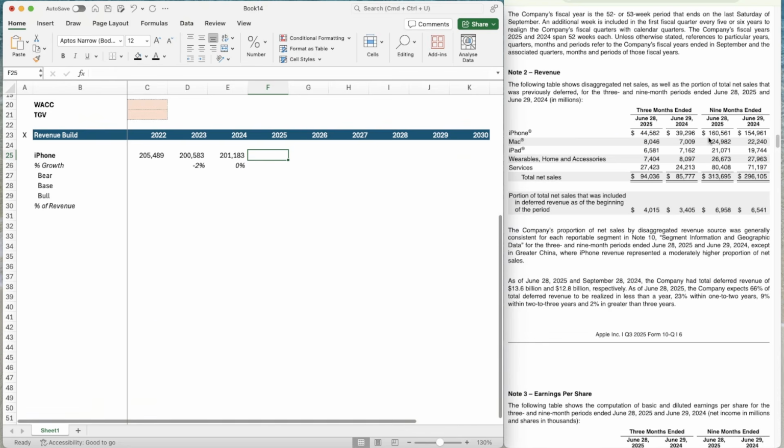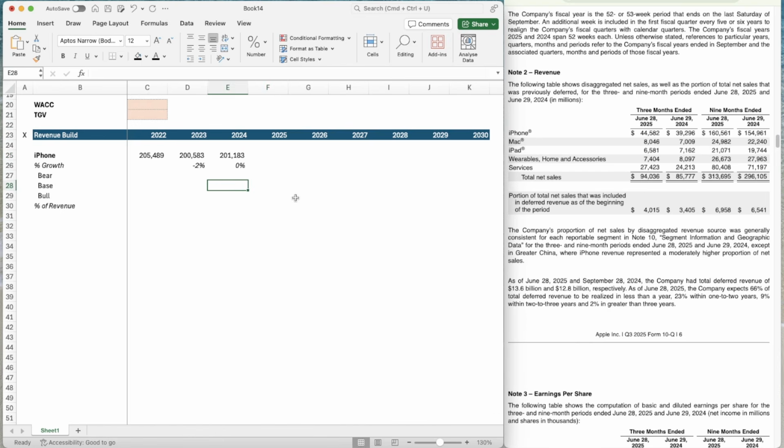So 9 months ended 160,561 billion. So we want to know, for the full year of 2024, they did just over 200 billion. By the 9 months of 2024, they've done 154,961. So let's see what that ratio is. 154,961, so 1.298.